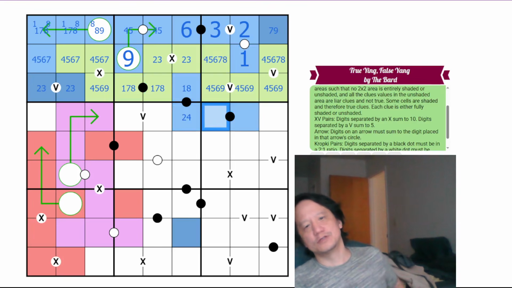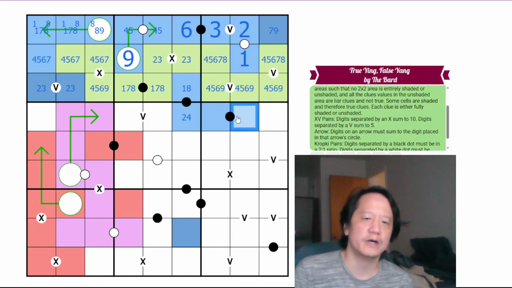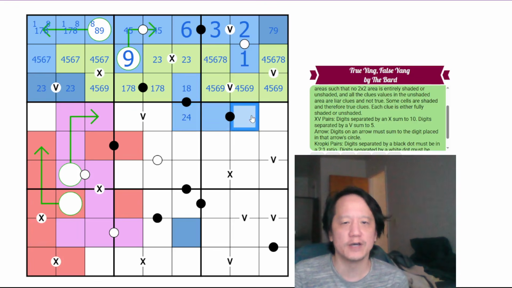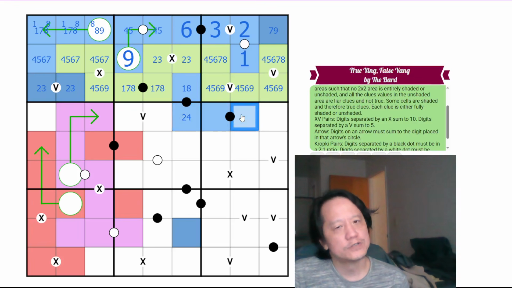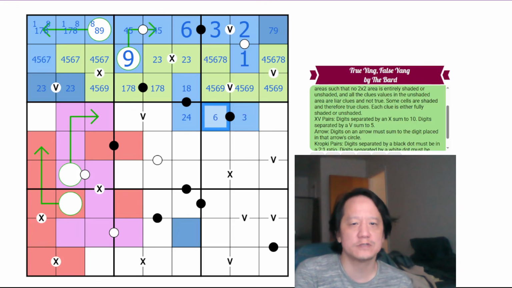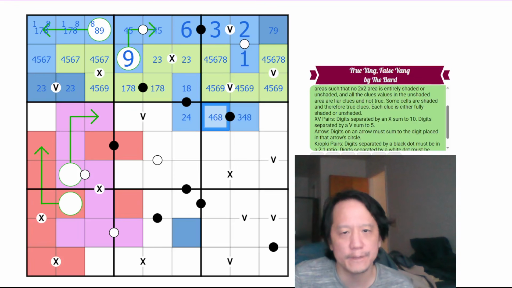These are in a 1-to-2 ratio, but we cannot have 2, 4 be that possibility. We can't have 1, 2 be here because this can't be 1 or 2. And it can't be 2, 4 because that would eliminate all possibilities for that cell. So it could be 3 and 6 or 4 and 8 as a pair. We don't know in a 1-to-2 ratio.